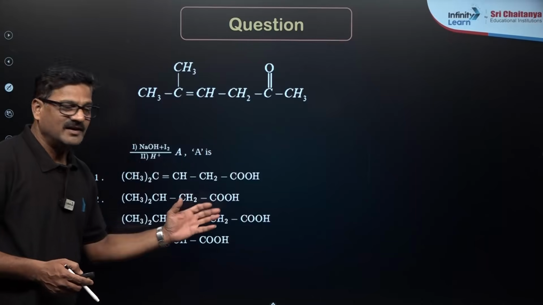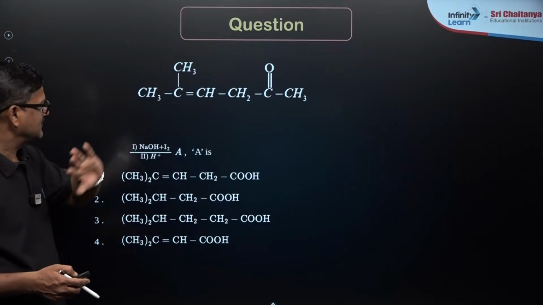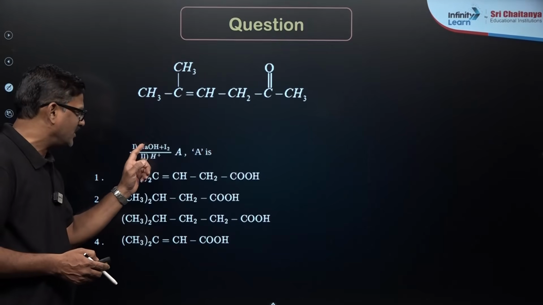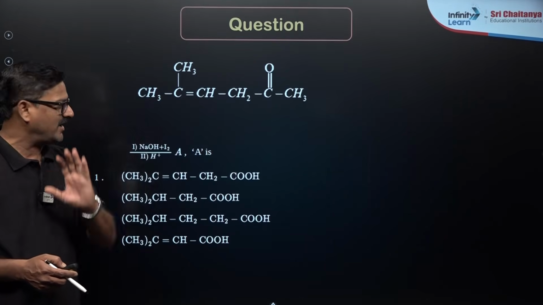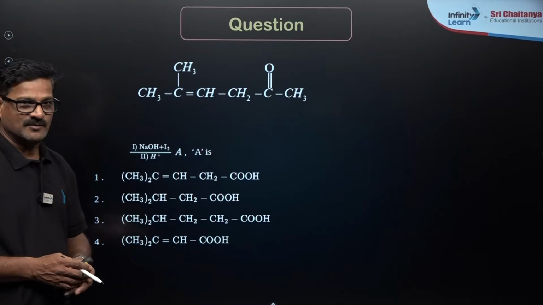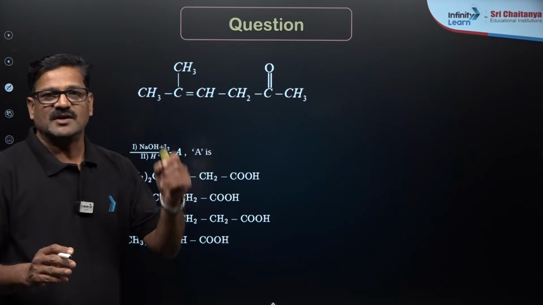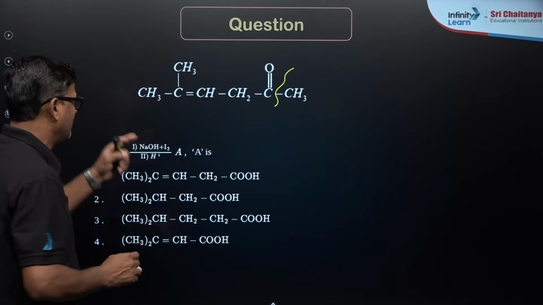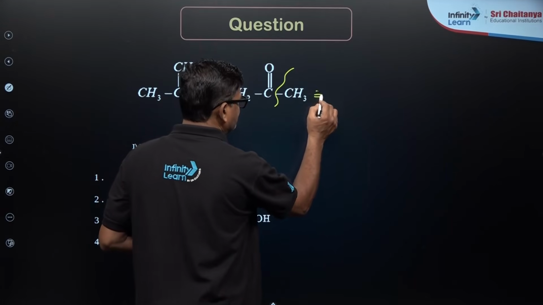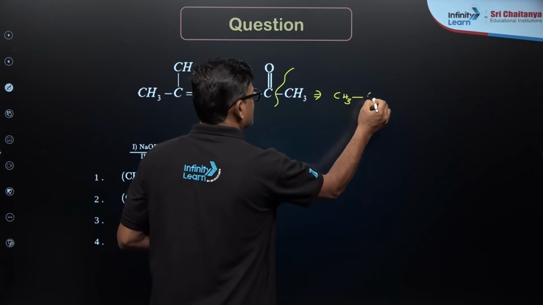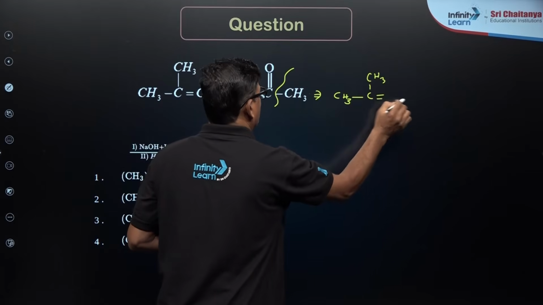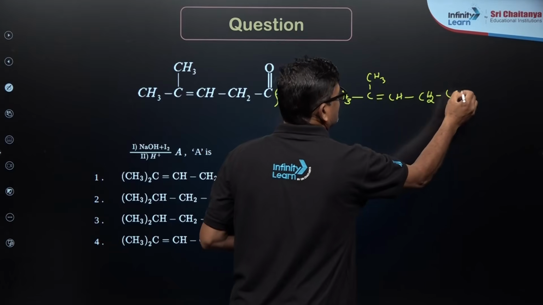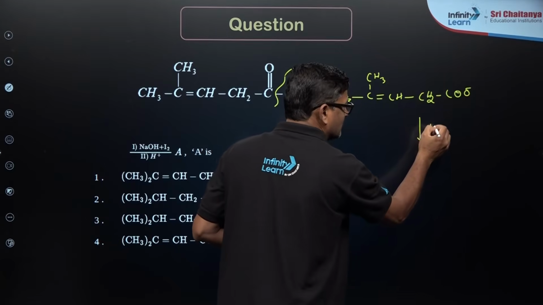So for this question, both assertion and reason are correct, and the reason is the correct explanation of the assertion. Moving ahead, here a compound is given, and when this compound is treated with NaOH plus I2, it is an iodoform reaction followed by acid workup. Iodoform reaction is specific for methyl ketones, so you simply break it here and write the entire compound as CH3, CH3 double bond CH and CH2 and COO minus, followed by acid workup.